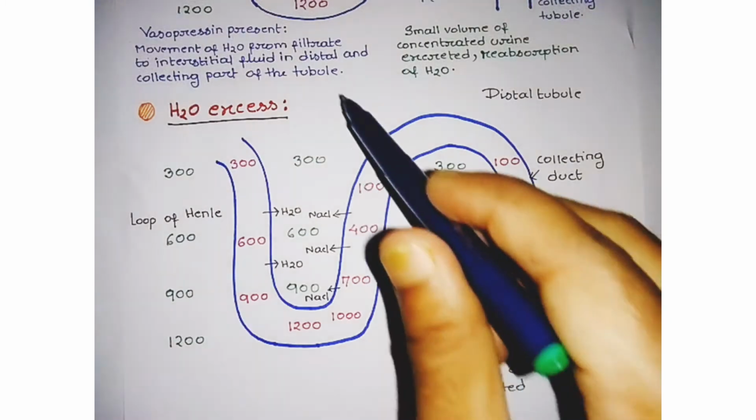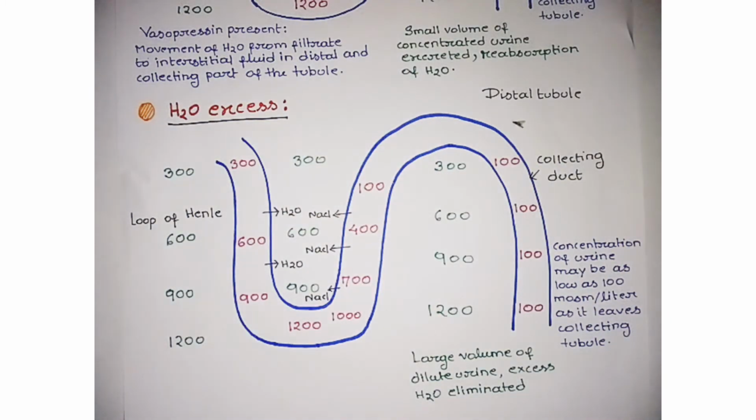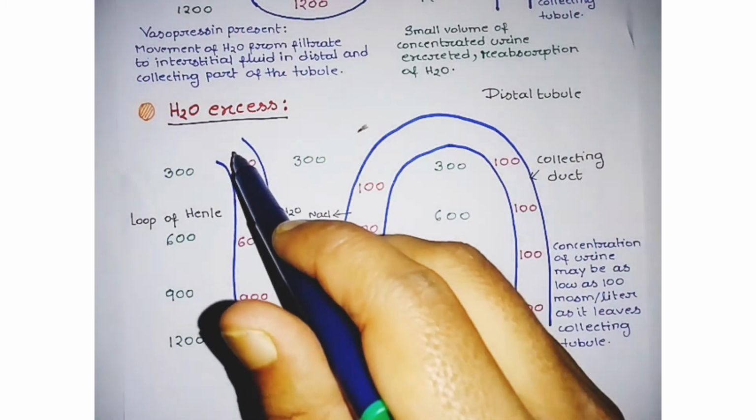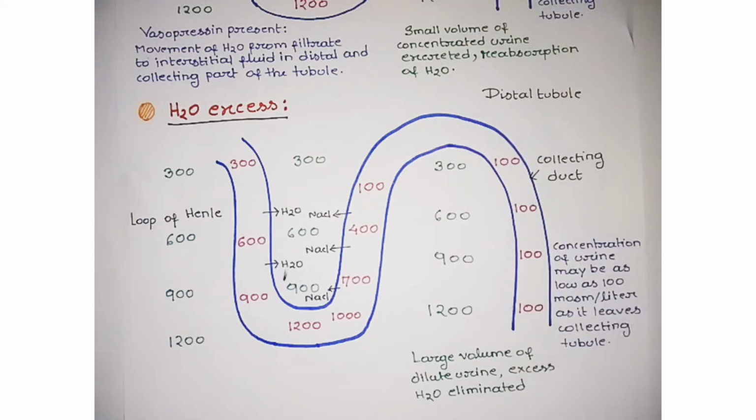In case of H2O excess condition, vasopressin does not work, because our body already has excess H2O, and the H2O which came from the filtrate is not needed by our body.